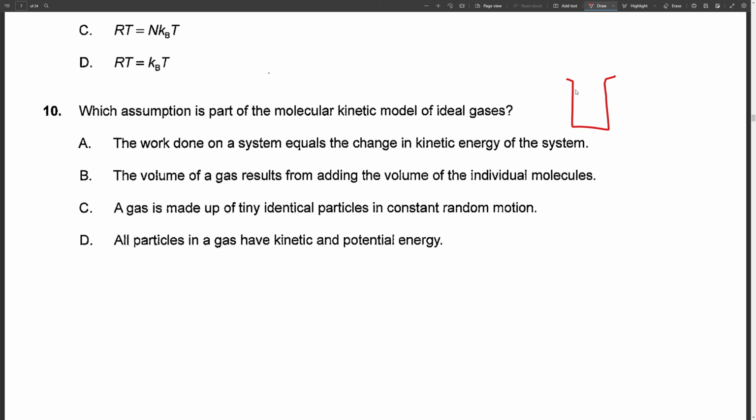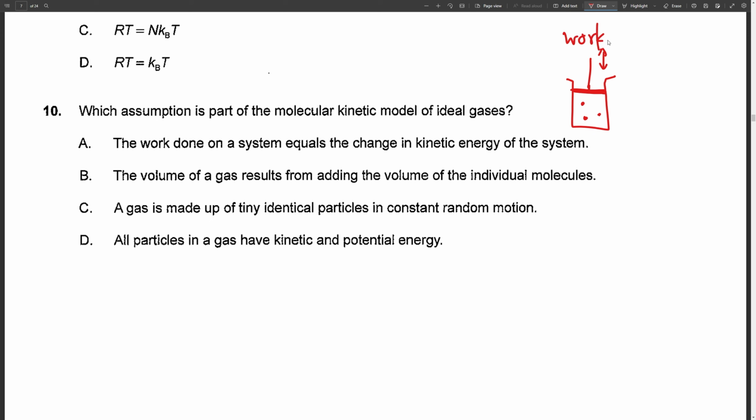Let's say this is a syringe with a movable piston. Then the piston is attached to a controller which may go up and down. And those gas particles may speed up or slow down. If the piston is being compressed, then work done is acting on the particles and they will move faster, which means the kinetic energy is increased. But this is not the only way to do so.